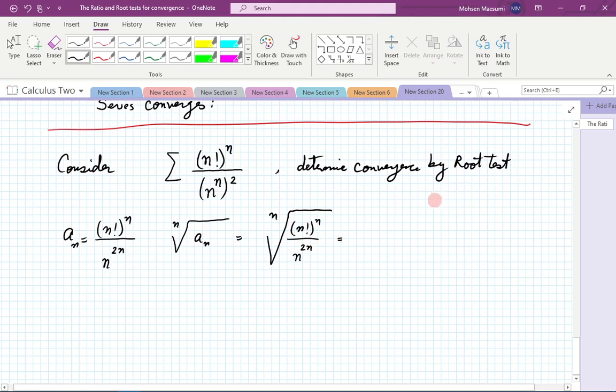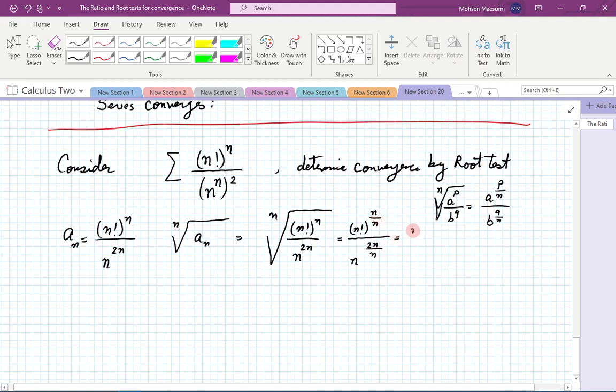Let me write a simple rule here. If you have a to the power of p, let's write it b to the power of q, this is a to the power of p over n divided by b to the power of q over n. Is that right? So n becomes the denominator of these exponents that you have there. So that's from your algebra. So here we have n factorial, originally to the power of n, then you're taking the root n, and in the denominator you have n to the power of 2n, and then you're taking the root n.